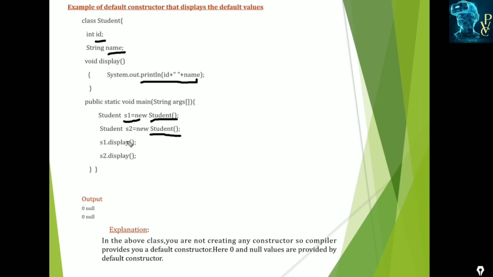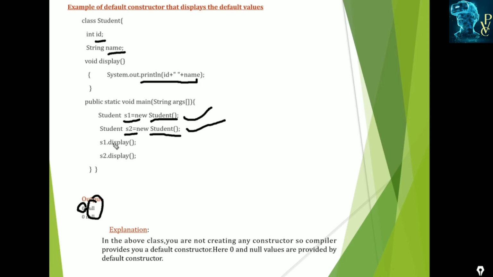Here we have the two objects s1 and s2, and we call s1.display and s2.display. Here we are not assigning any values by using any method or any constructor. So when we are creating the object, the Java compiler automatically creates the default constructor with default values. For integer type, it sets 0, and for string type, it sets null.